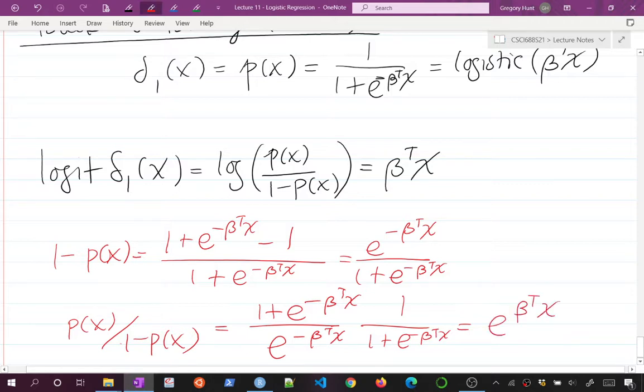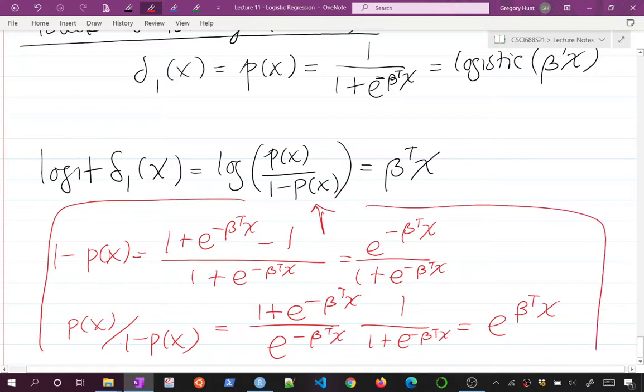And so certainly, if I plug that into my log, I'm just going to get beta transpose x, right? So this is kind of the workings out here.